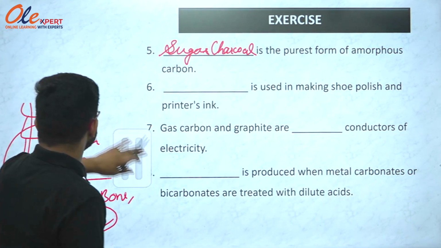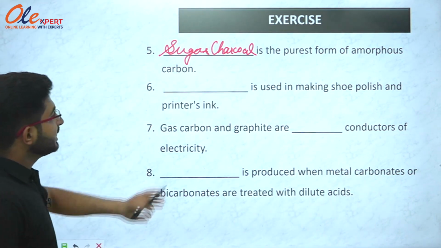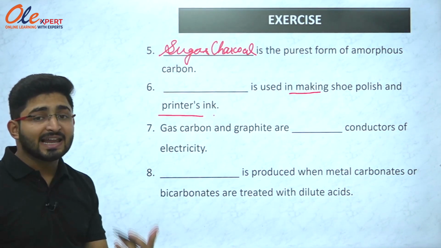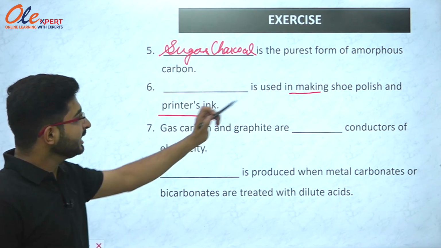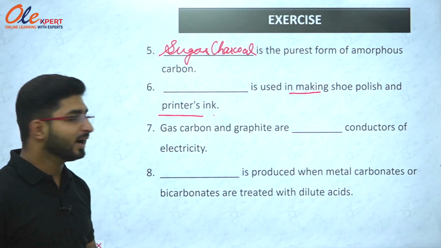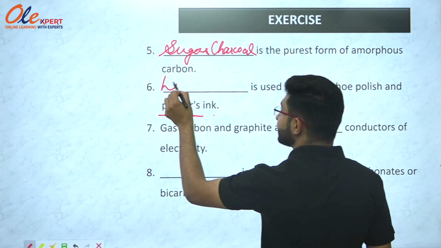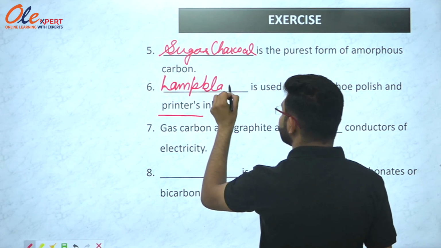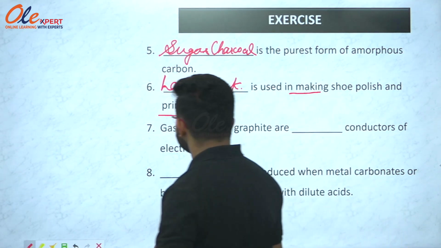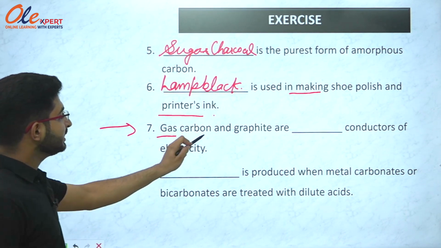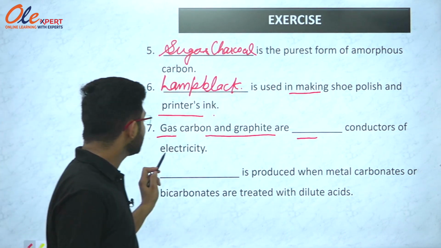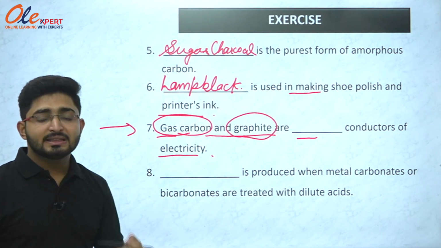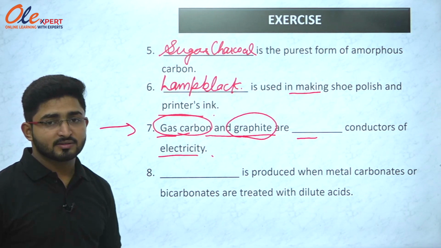Now the next part says that dash is used in making shoe polish and printer's ink. We have studied that lamp black is used in making shoe polish and printer's ink. So you have to write the answer as lamp black. This is the correct answer for this. The next part says gas, carbon and graphite are dash conductors of electricity. We know that these are good conductors of electricity. But why?